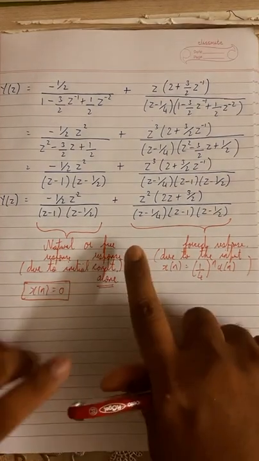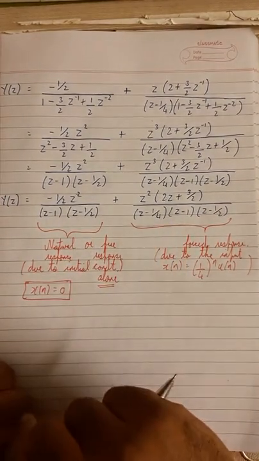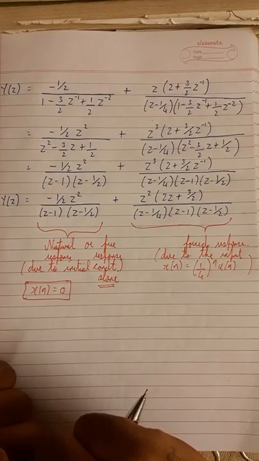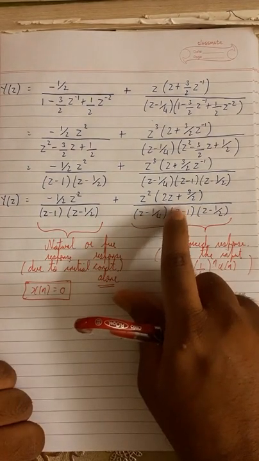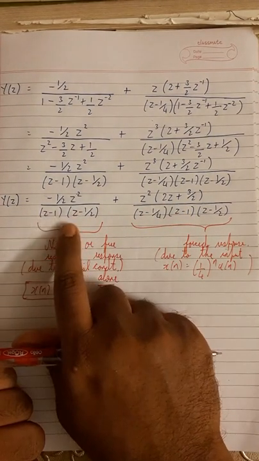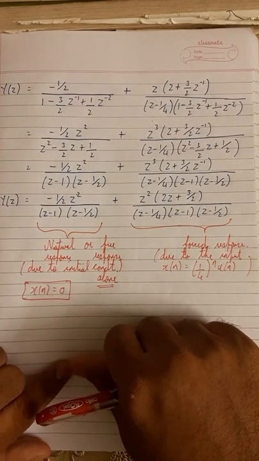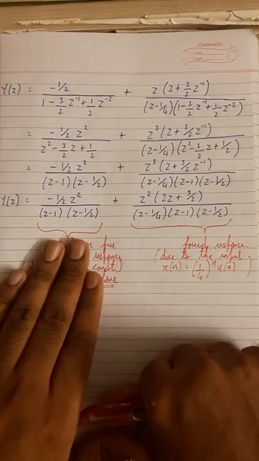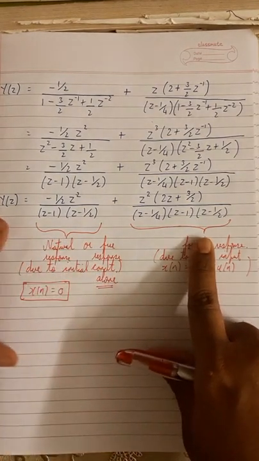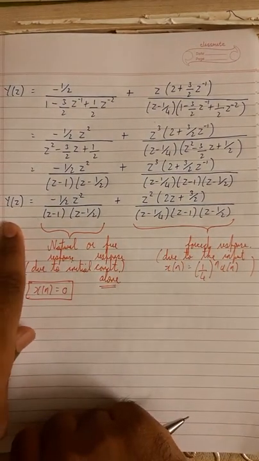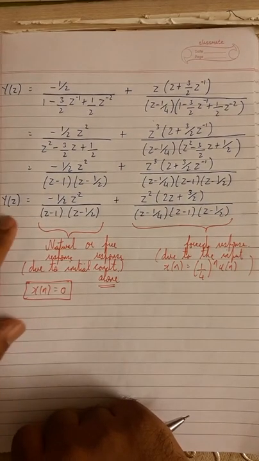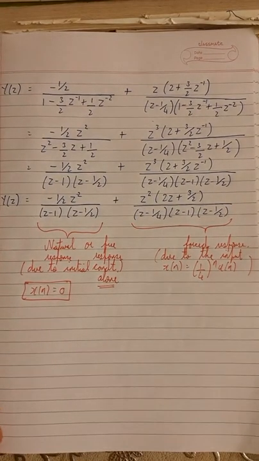So from these two you can understand that the transfer function that you have found is used over here. Here the transfer functions are not applied because this is due to the initial conditions, right? So natural response plus forced response is equal to the total output y of z, the total response.